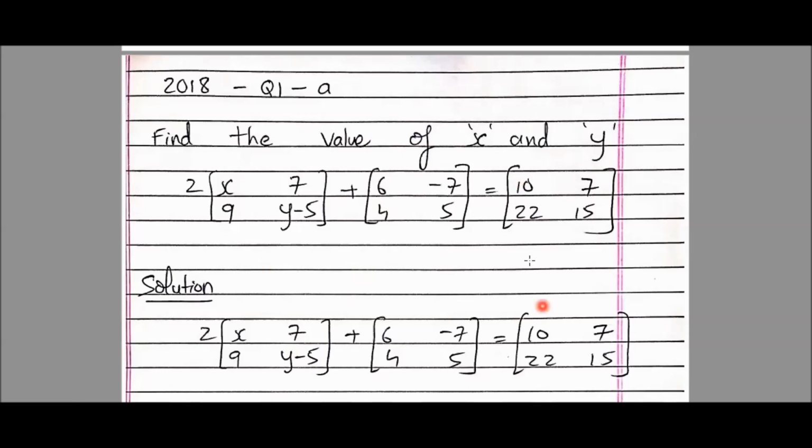Here I have only one matrix on the right hand side, see my cursor, but on the left hand side I can see two matrices. So first I will club them together by using this plus operation. When I reach a case where on the left hand side also I have one matrix and on the right hand side also I have one matrix, then I can easily compare and I'll get the answer. Let's start with the new solution.